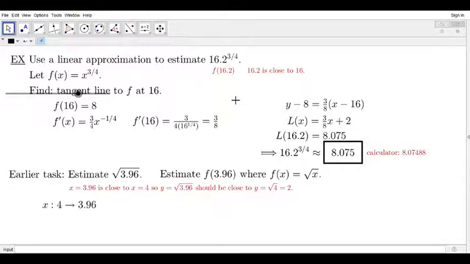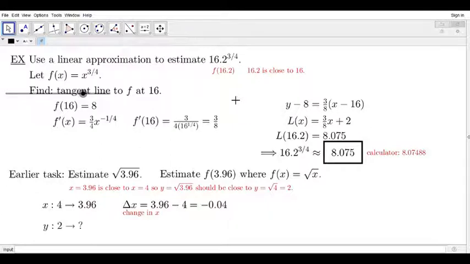Now these observations can be described by imagining that the value of x is changed from 4 to 3.96. The change in x, denoted by delta x, is the new x value 3.96 minus the old x value 4. So delta x is equal to negative 0.04.